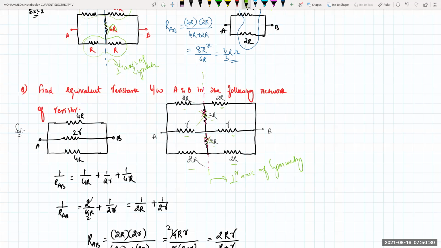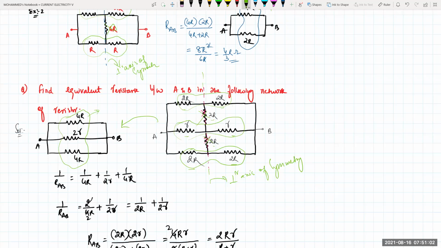So then this 2R will be in which combination? Series. This 2R and 2R are in series, this R and this R are in series, and these small r's are in series. So it is 4R, 2R and 4R like this. And all of them are in which combination?